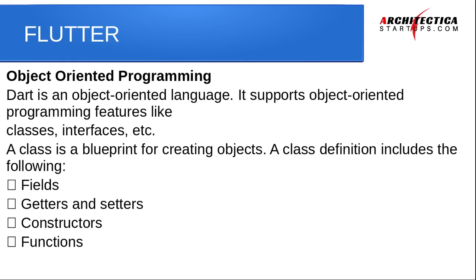If you know the concept of object oriented programming, you must know that a class is a blueprint for creating objects. We define a class and we create an object of that particular class.